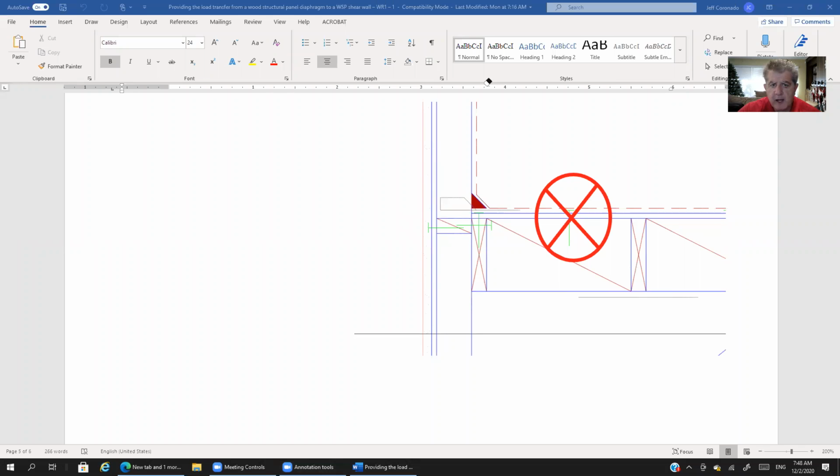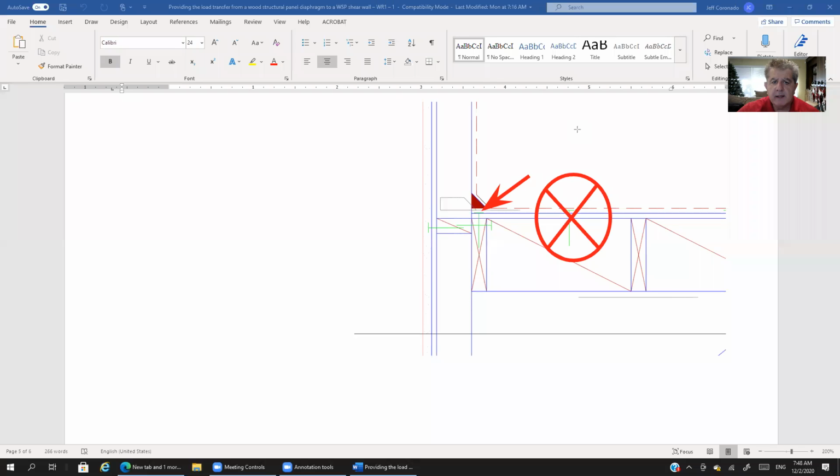So what we've got is the force in the diaphragm, right? So here it is running towards the end of the diaphragm, and it gets to the end here, and it'll go through this nail into that rafter. So we've got a nail right here, right?